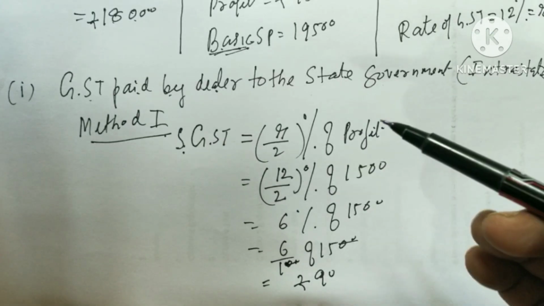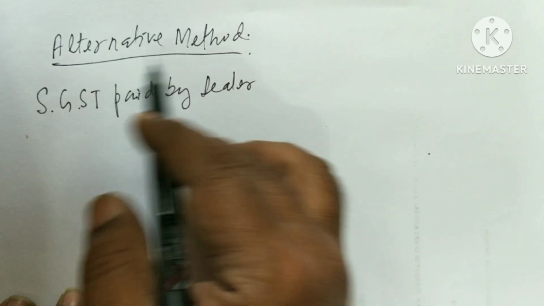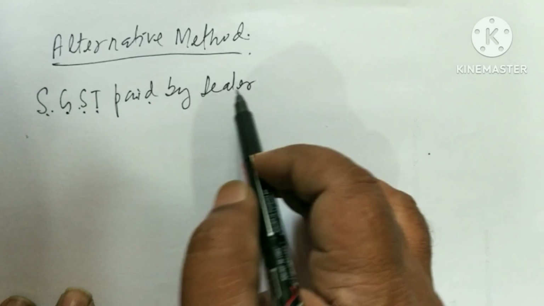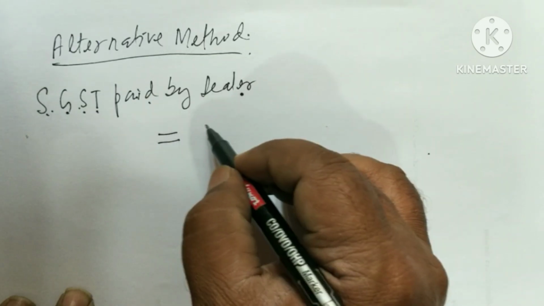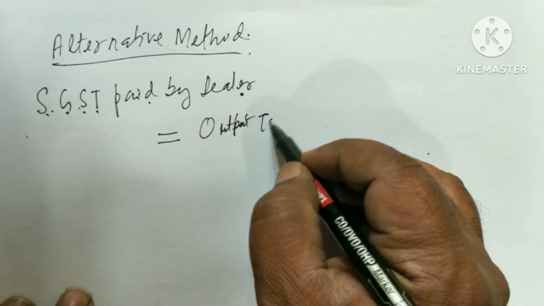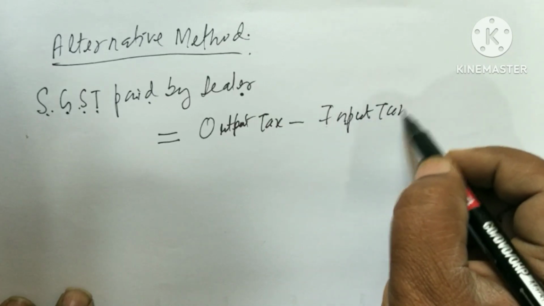Now, the other method I will tell you. So, alternative method: the State Goods and Services Tax paid by the dealer will be output tax minus input tax.